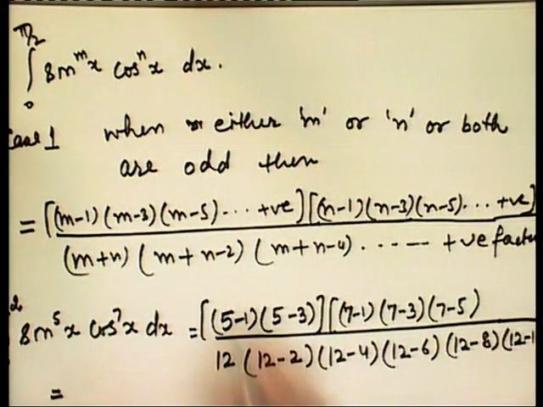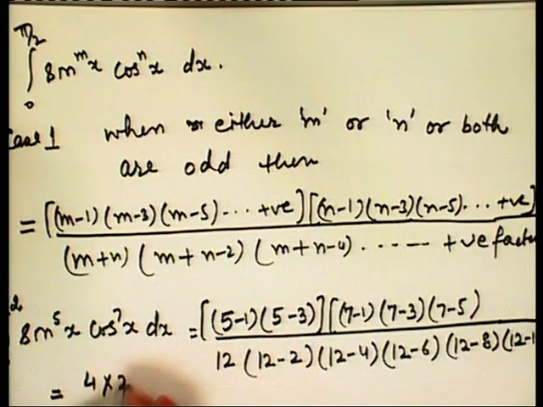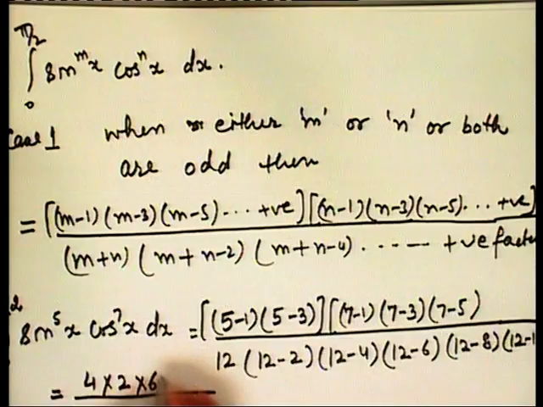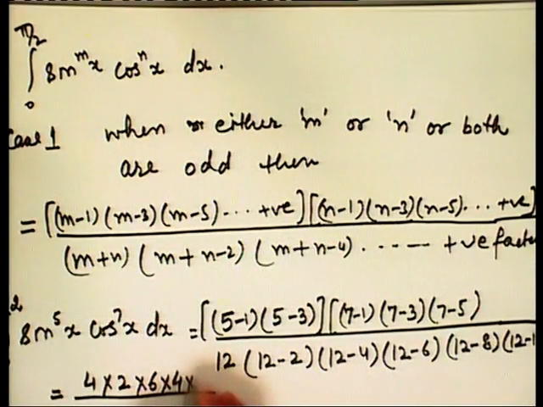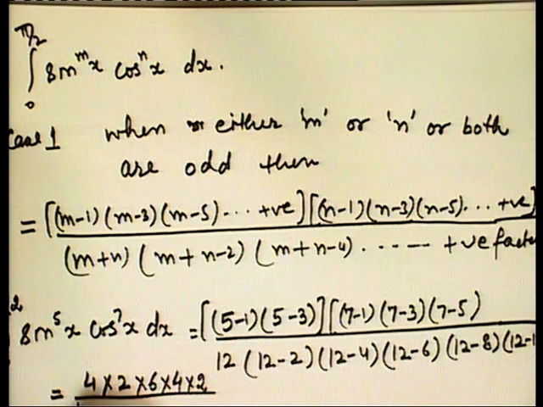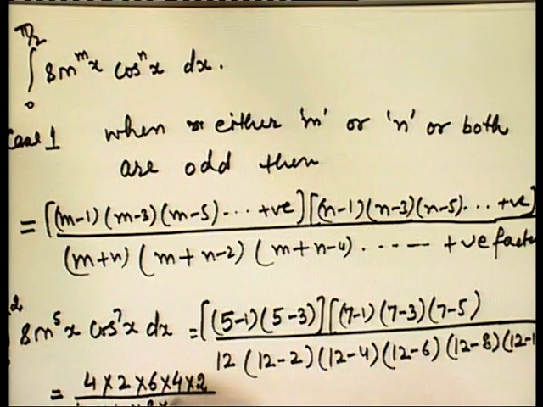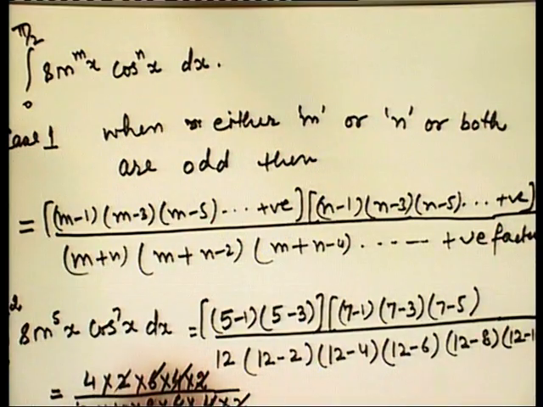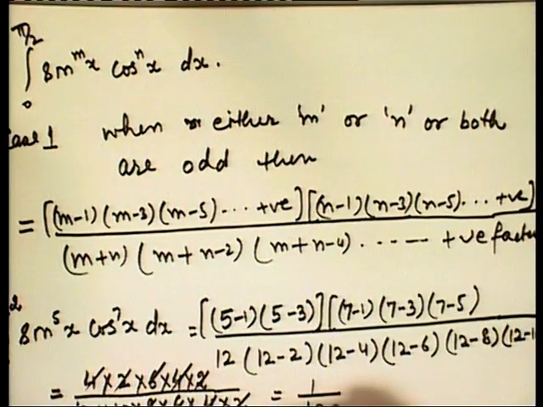By solving, we get 4, 2, 6, 4, 2 over 12, 10, 8, 6, 4 and 2. By simplifying we get 1 upon 120.